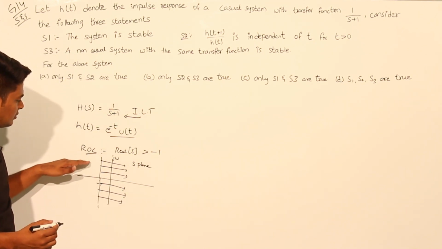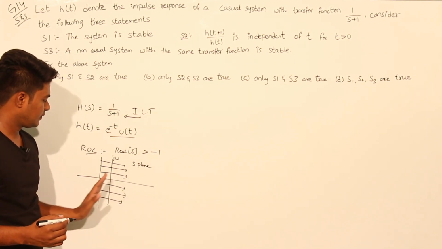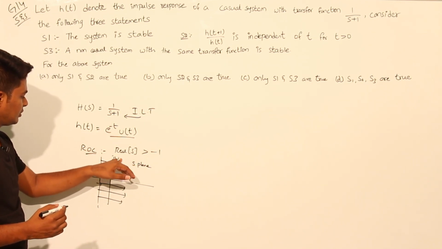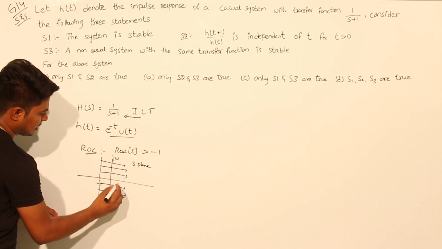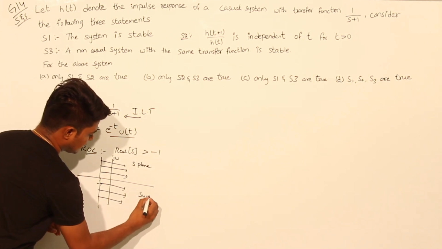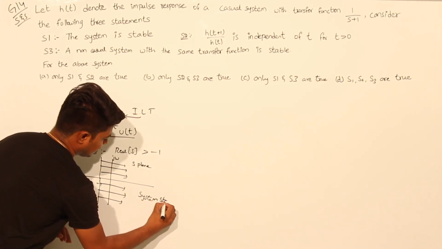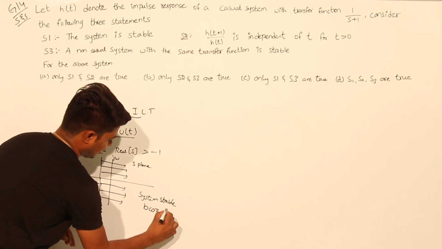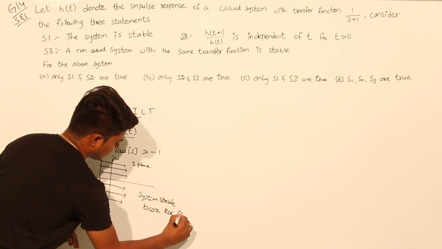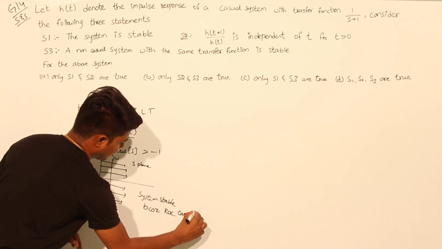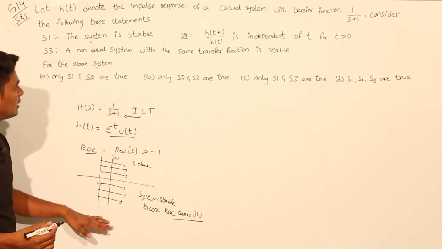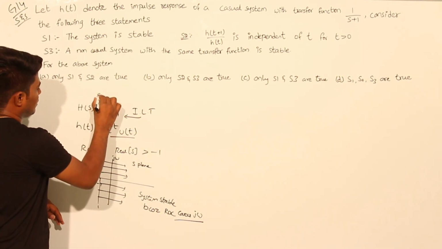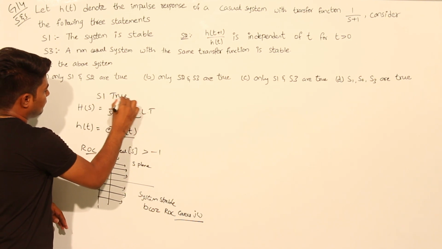So this is towards the right side of minus 1, and the ROC covers j omega. So it implies the system is stable, because the ROC covers j omega. So S1 is true.